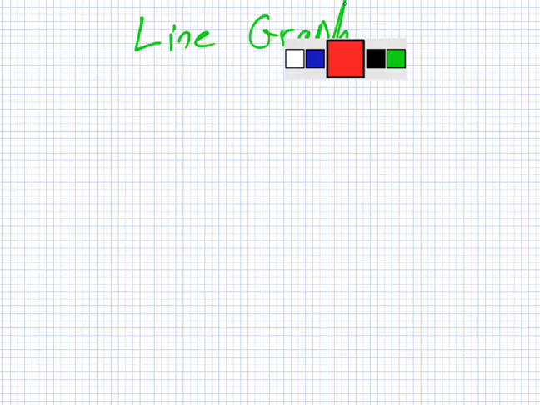Okay? So for a line graph, what do you need to know? Well, firstly, I hope you can draw a line. Firstly, line graphs are for quantitative data that changes with time.